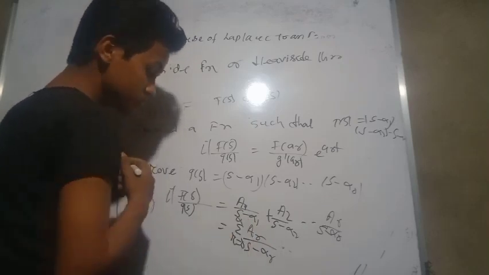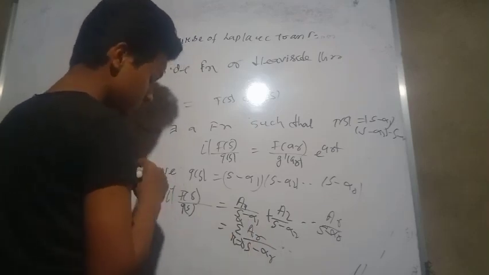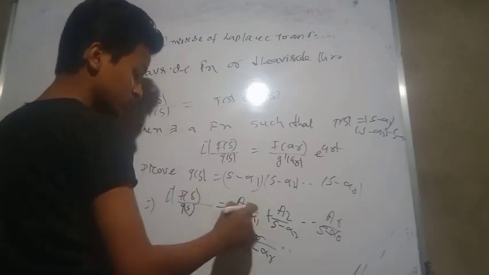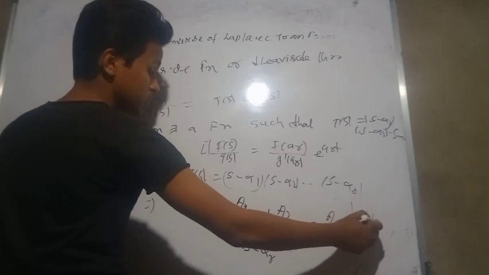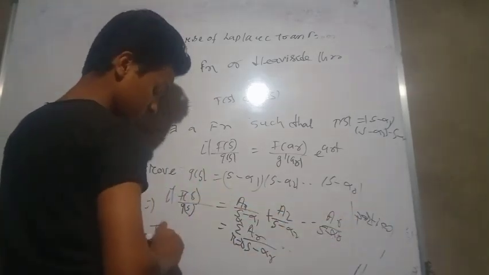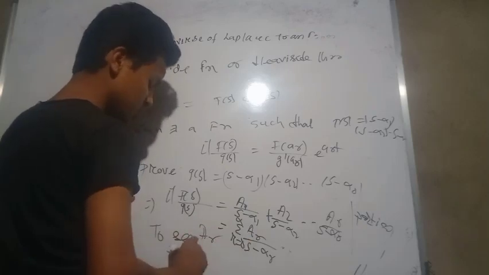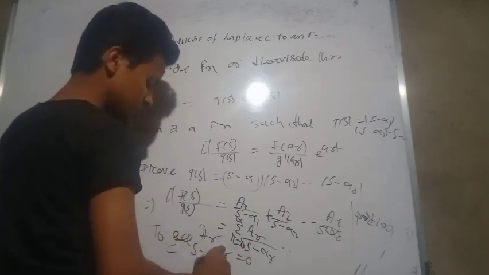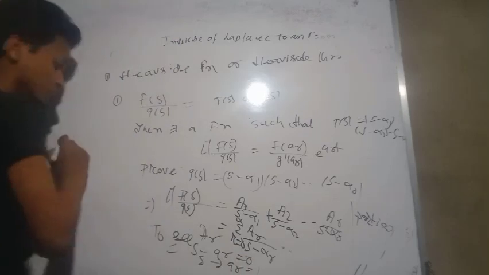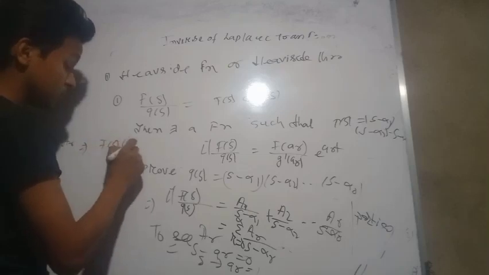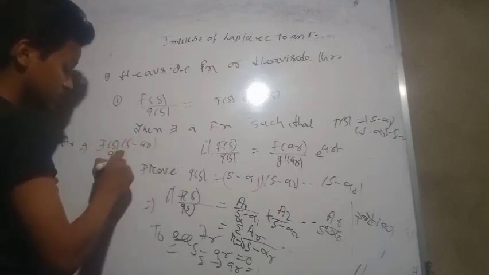Now the question arises, what is Ar? How do we find Ar? To find Ar, that is the partial fraction, which we have already seen. We put s − αr equal to 0, multiplying both sides by (s − αr). So we take the limit of (s − αr)F(s)/G(s) as s tends to αr.